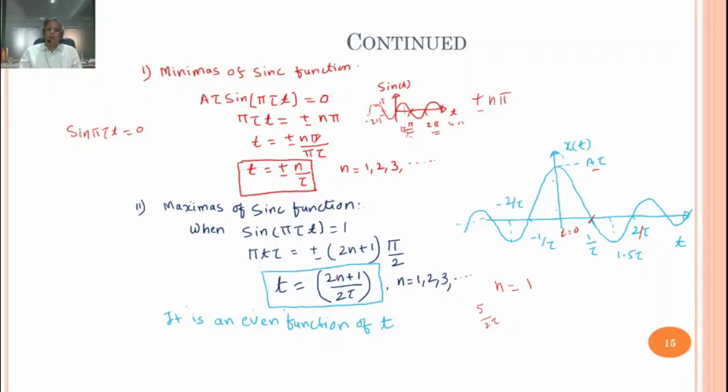N equal to 1 means this is 2 into 1 is 2 plus 1 divided by 2 tau, means this is 3 by 2 tau, means that comes 1.5 by tau. Similarly on this side. And if you observe, this signal is the even function. It is an even function of t.